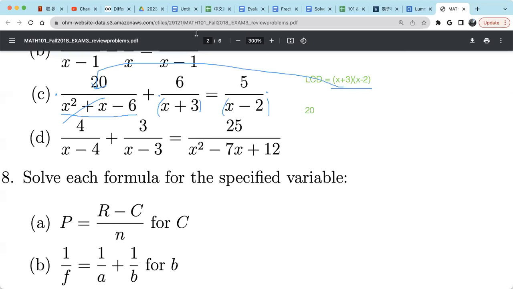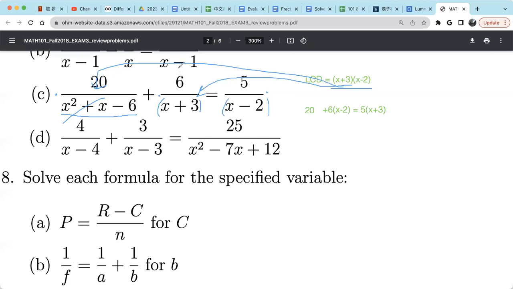For the second term, 6 over x plus 3, when I multiply by the least common denominator, x plus 3 cancels, so I have plus 6 times x minus 2. Then multiply with 5 over x minus 2. X minus 2 divided by x minus 2 becomes 1, so I'm left with 5 times x plus 3.